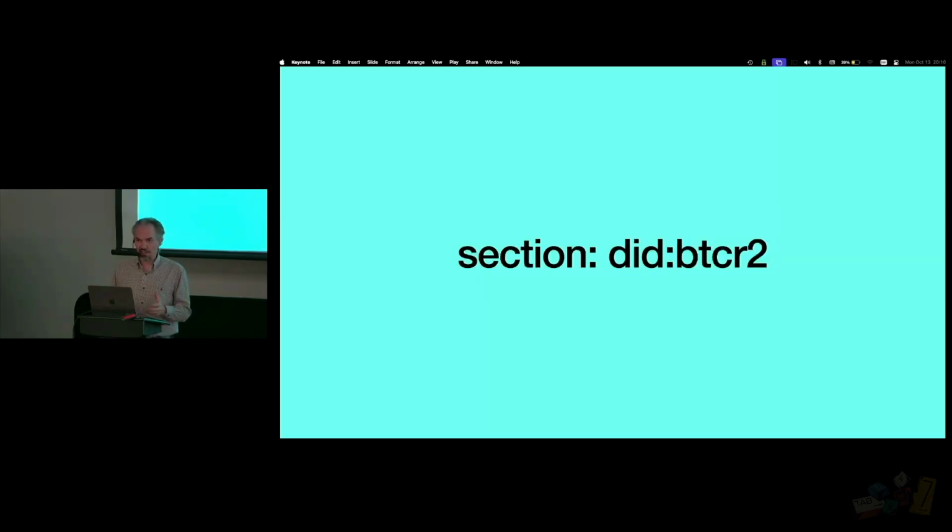That standardization process was through the W3C, and the standard that resulted is called the Decentralized Identifiers standard, and it uses separate decentralized identifier methods, one of which I'm going to introduce here as BTCR2, which is based on anchoring things to the Bitcoin blockchain.